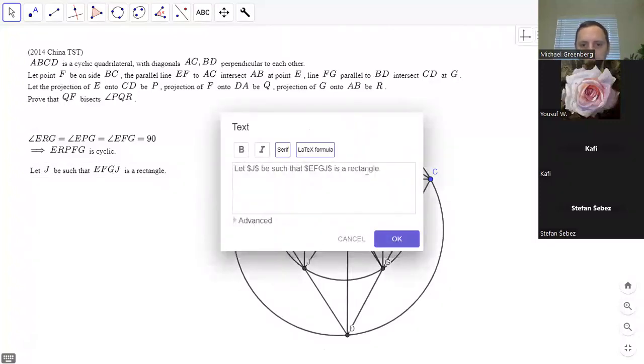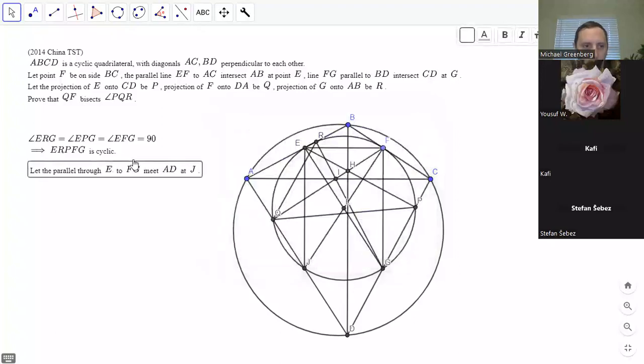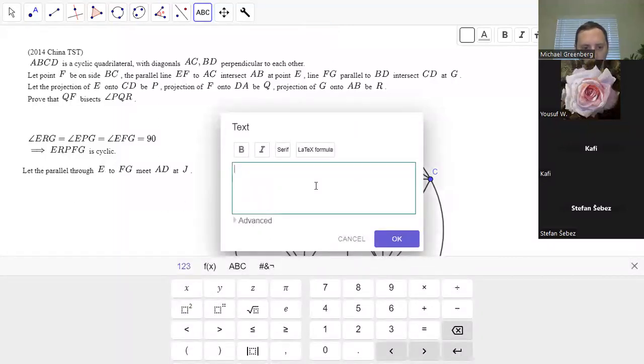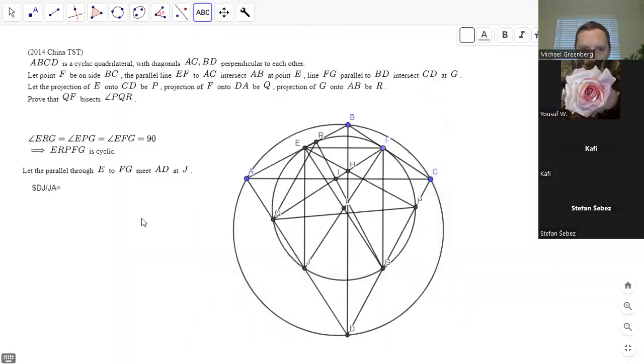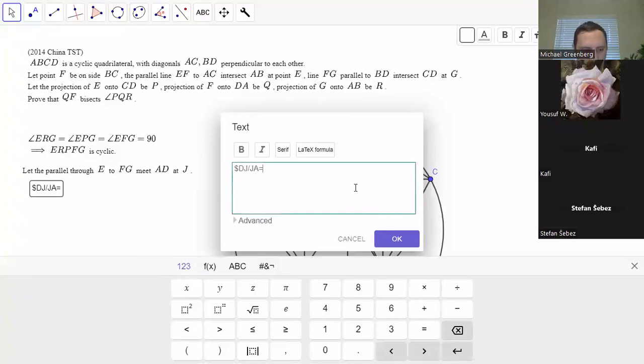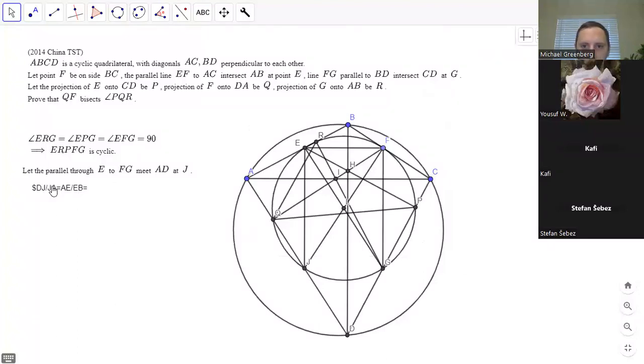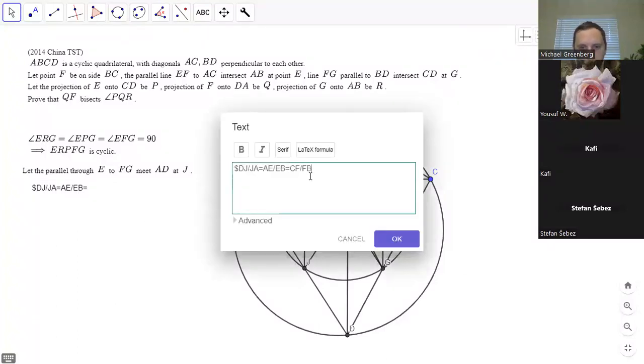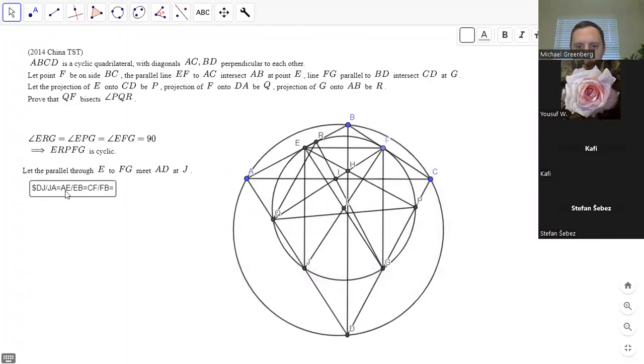Let the parallel through E to FG meet AD at J. And then we have DJ over JA, which is equal to AE over EB, which is equal to CF over FB, which is equal to CG over GD.